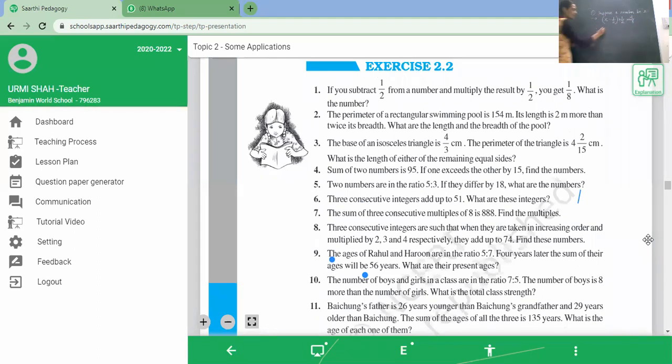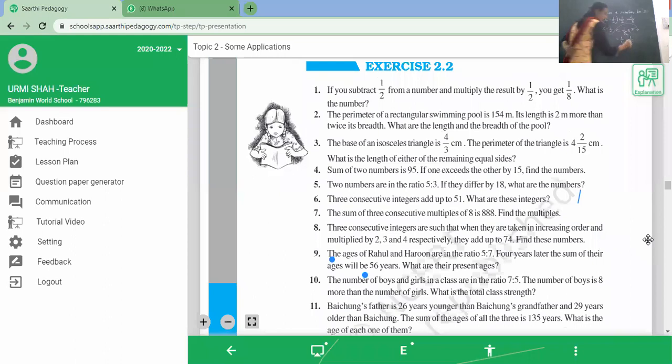So (x minus 1/2) times 1/2 equals 1/8. The 1/2 remains as it is, and this 2 goes to the other side in multiplication: 2 times 1 is 2, 2 times 4 is 8. So we now have x minus 1/2 equal to 1 by 4. Now this 1/2 will go to the other side. Yes or no?